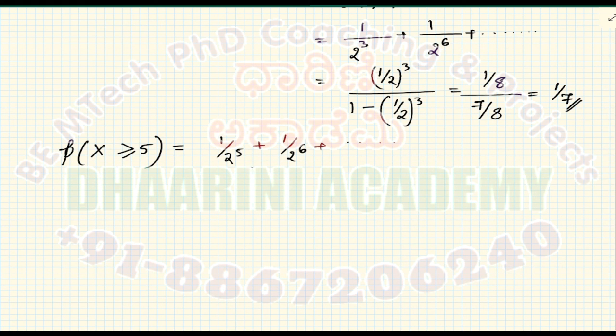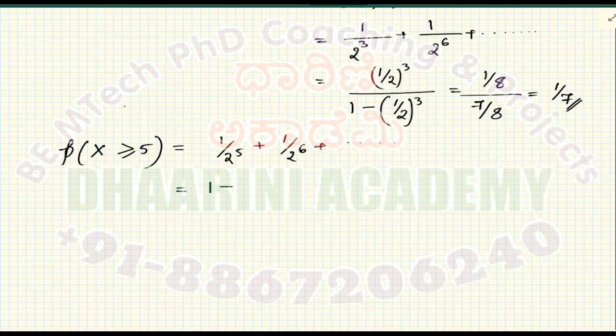I know that if you add this from 1 to infinity, that is equal to 1, correct? So what I do here is the reverse. That is 1 minus, meaning from 2 to the minus 1, 2 to the minus 2, 2 to the minus 3 till infinity, but that is 1.